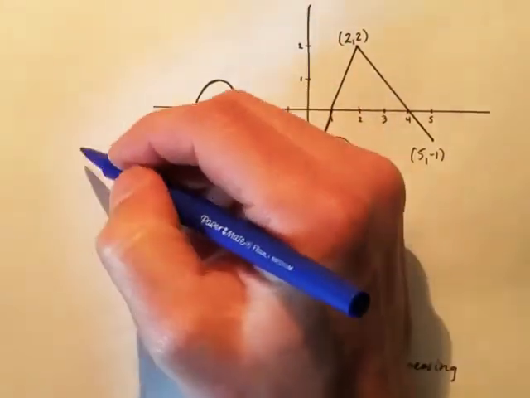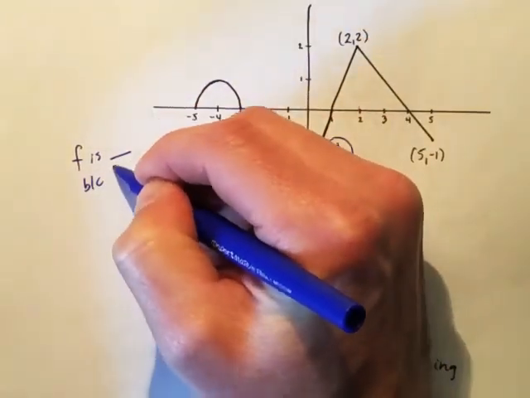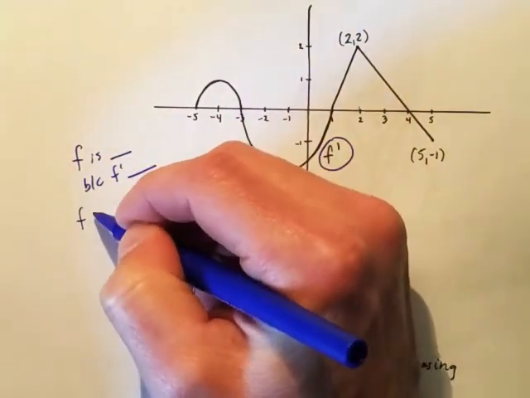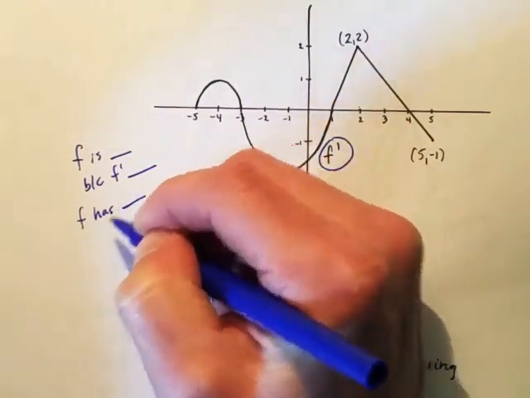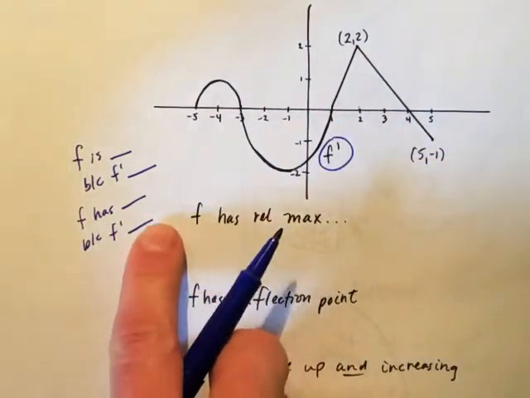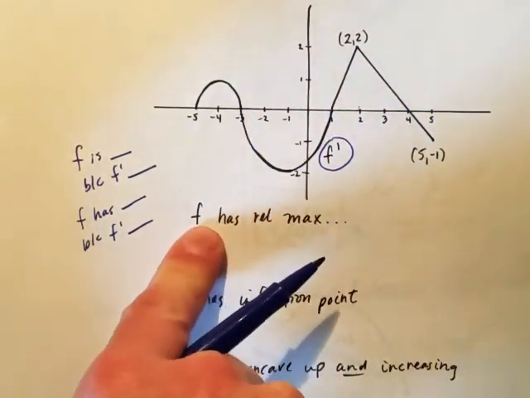So I would say things like f is blank because f prime blank, right? Or f has something because f prime, okay? So we're going to be using this because f prime as our justification for what f is doing.